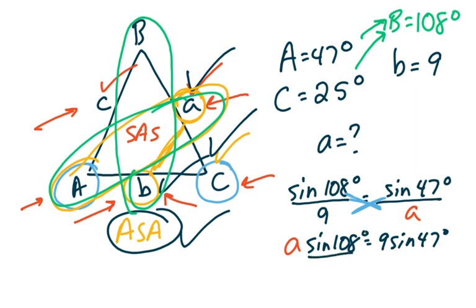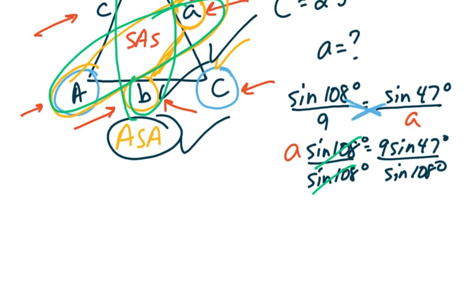Let's divide both sides by whatever is multiplying the A. Here, that's sine of 108. That cancels the sine of 108, and I get side A equals 9 sine of 47 divided by the sine of 108 degrees.